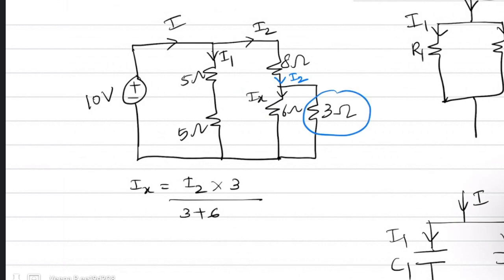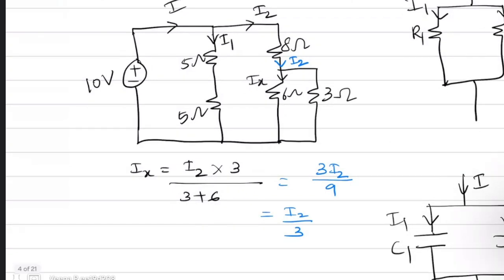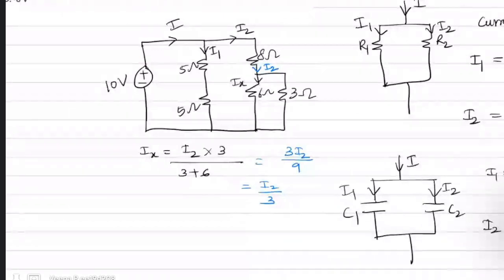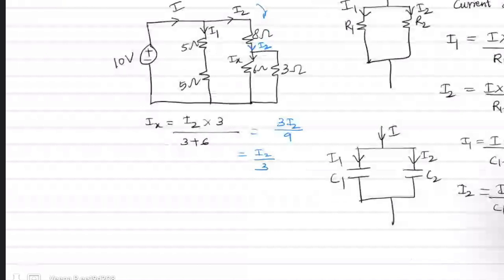So Ix is I2 times 3 divided by 3 plus 6, which is 3I2 by 9 or I2 by 3. So if I know I2, I can solve Ix. Now what is I2? I2 is the current through this branch. So if I redraw this, 10 volt.